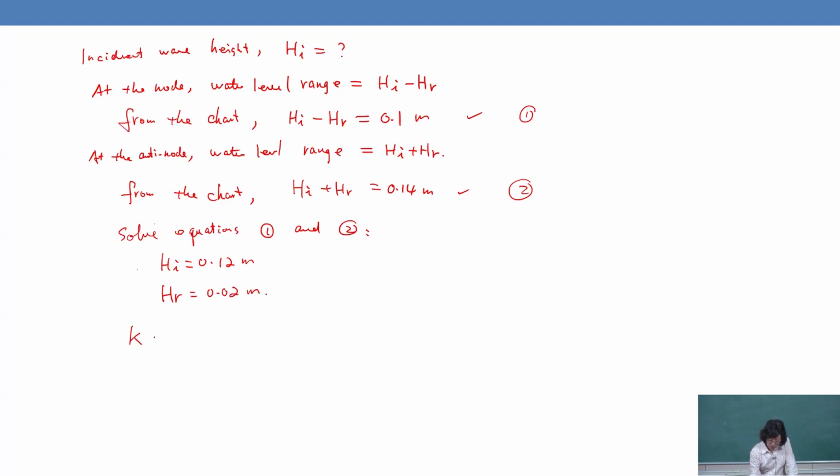So K will be equal to, sorry, not K, we use C. CR will be equal to HR over HI, which is 0.17.